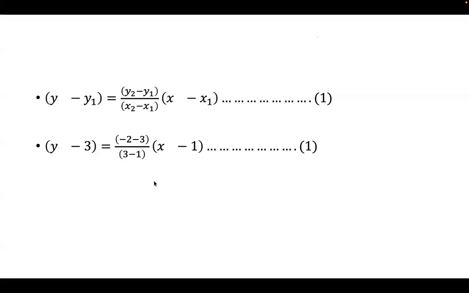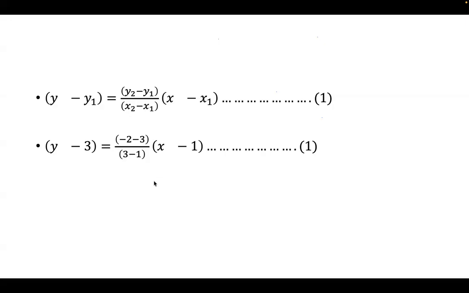So when you multiply, you get minus 2.5x plus 2.5, plus 3. So y is equal to minus 2.5x plus 5.5. Yes, sir. Is that the answer? Yes, sir, that's what I got. That's the answer.